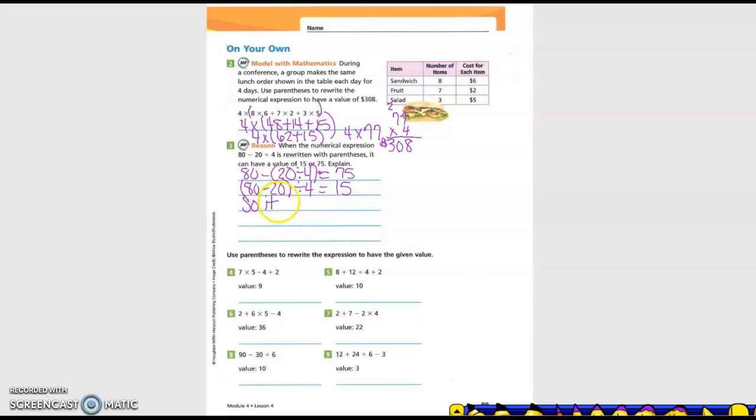So it just depends where the placement of the parentheses is.